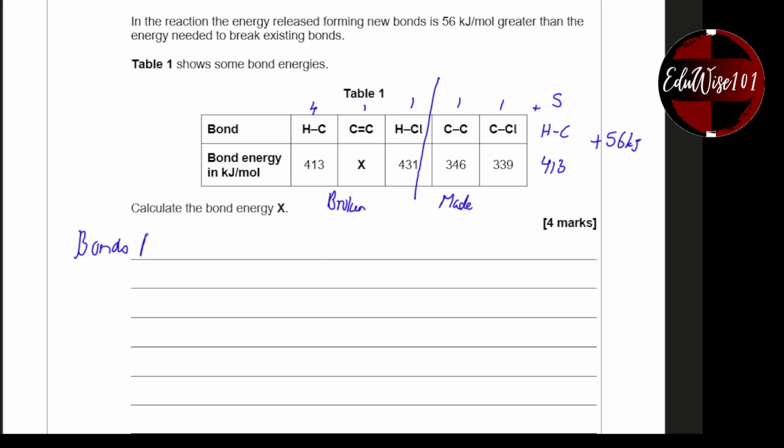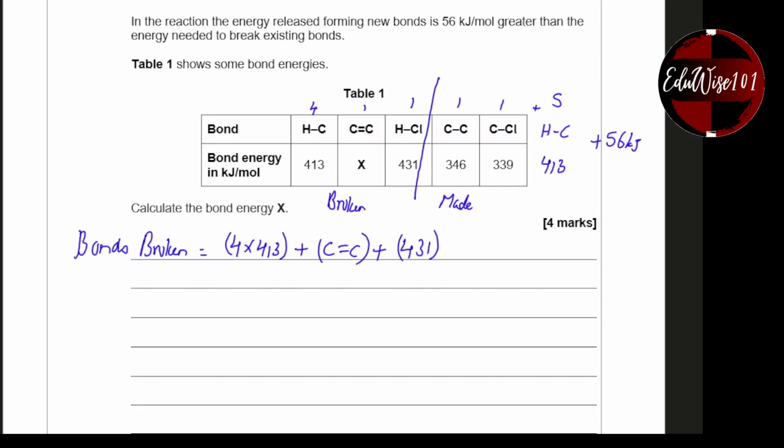Bonds broken is 4 times 413 plus 1 times X. Actually, let me write it as carbon-carbon double bond. That way it won't be confusing. So carbon-carbon double bond plus 431.